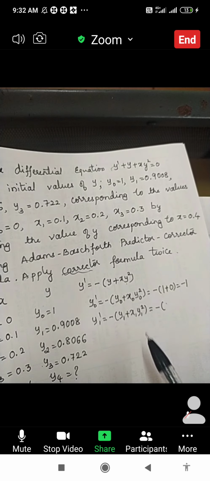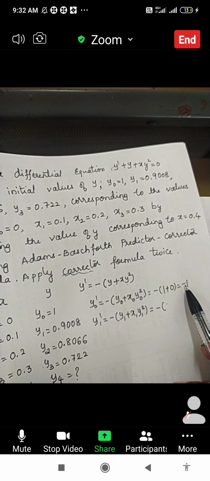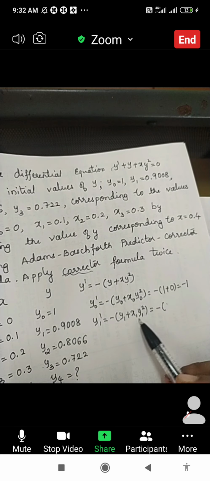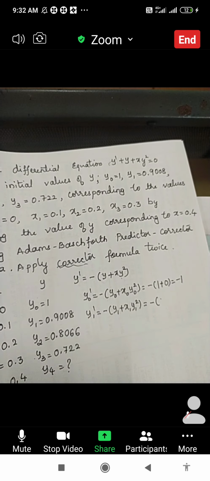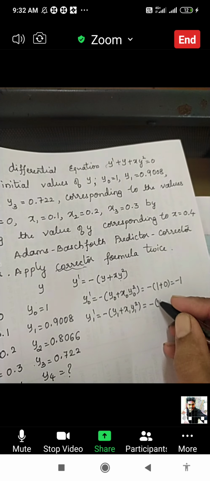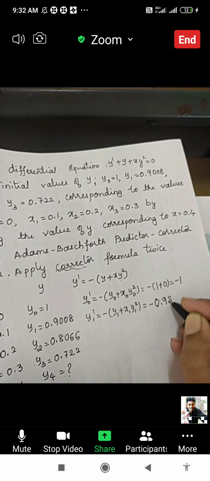In the exam you can write the value correctly, but this is for your understanding. I'm writing okay with this. Tell me y1 dash. 98119.